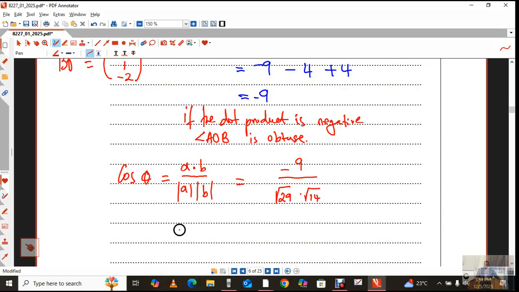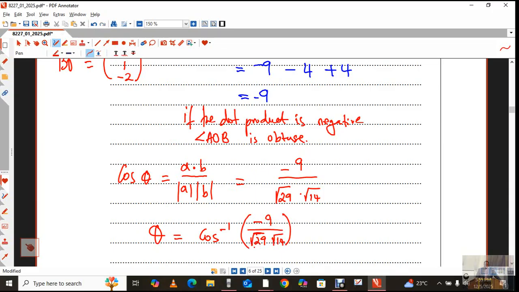All this can give me a value, which means that my angle AOB, which I'm just going to leave as theta for now, is going to be the inverse cosine of minus 9 over square root of 29 times the square root of 14.